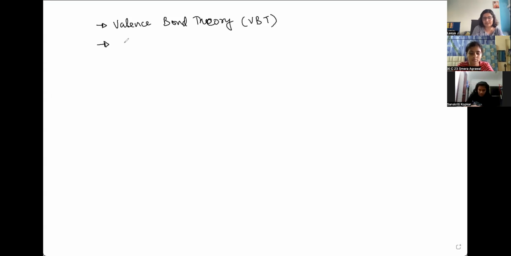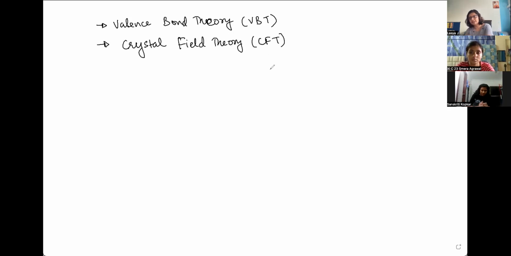One step above this, we have crystal field theory, CFT. And then, as people got to know more about atomic and molecular structures and bonding, you also have ligand field theory, LFT, and molecular orbital theory.